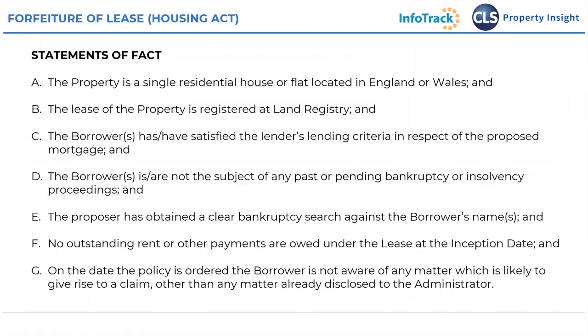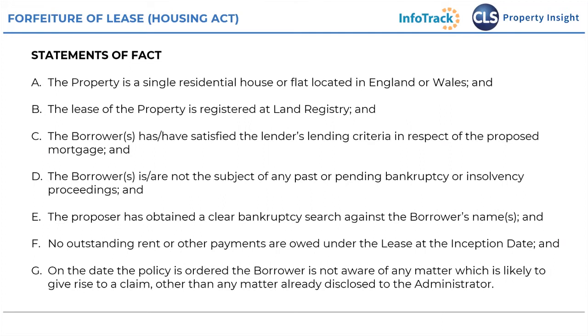Now, I won't go through all of the statements of fact here, but I did want to say that one of the functions that InfoTrack have adopted and broadcast out to the clients that relate to the CLS policies is something we call variable statement of fact.